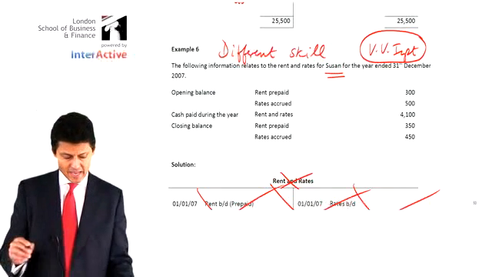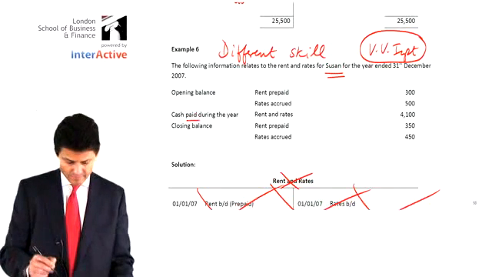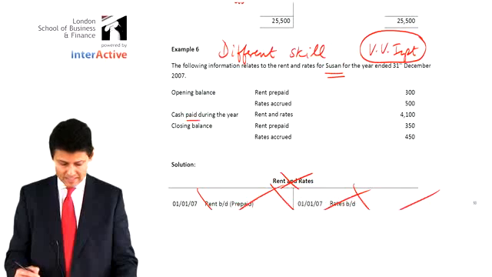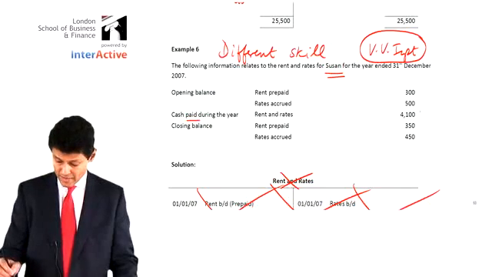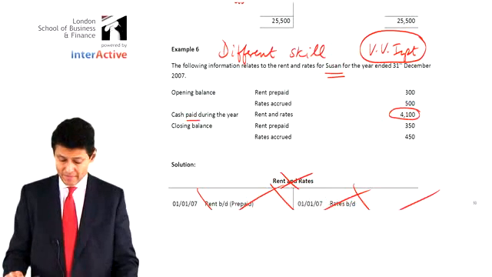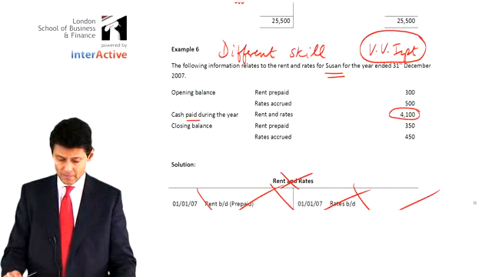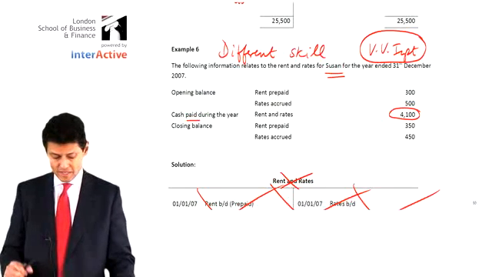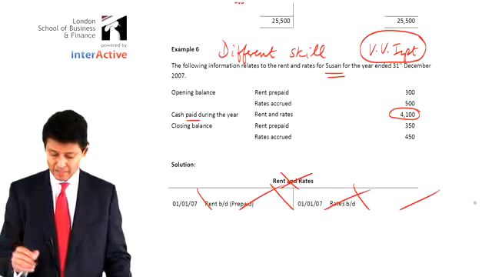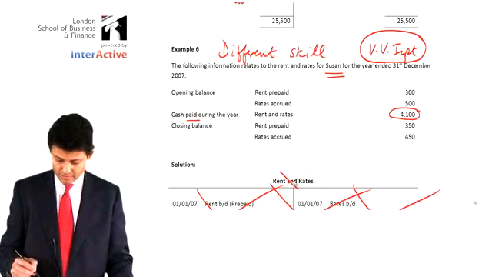Cash paid during the year, interesting, is for rent and rates as much as 4,100, massive number. And then you have the closing balance, rents prepaid, rents accrued. You just have to be very, very careful as to which side of the account it appears on.